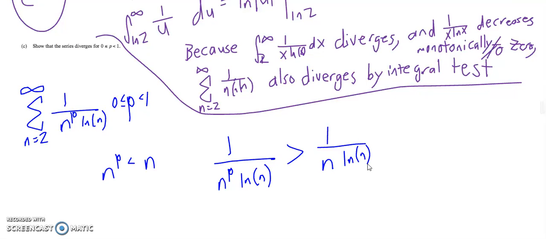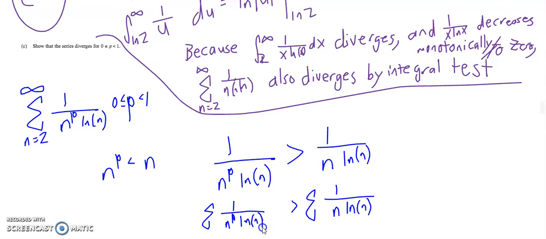And that's useful, because in part B, we proved that the sum of this diverges. So the sum of 1 over n to the p ln of n must diverge too. Because if this diverges, and this is even bigger, it's super divergent.